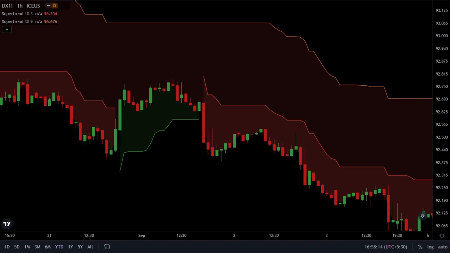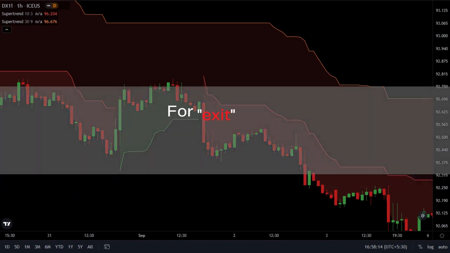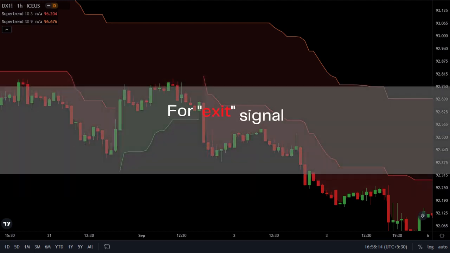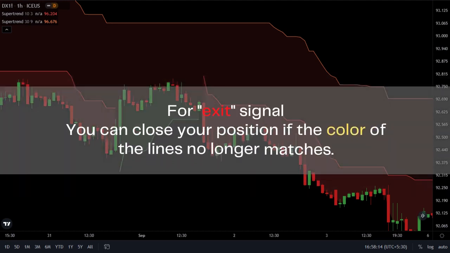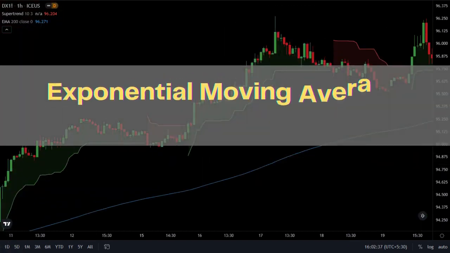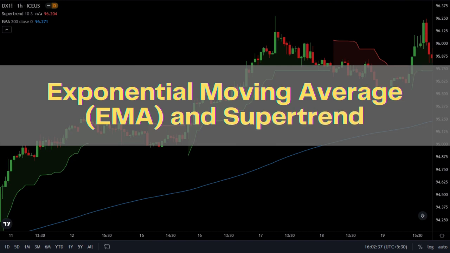And for our exit signal, there's actually a lot of ways you can do this. You can close your position if your trade reaches a certain amount of profit or loss. Another way is if the color of the lines no longer matches. Another strategy you can combine with Supertrend is the 200 EMA.